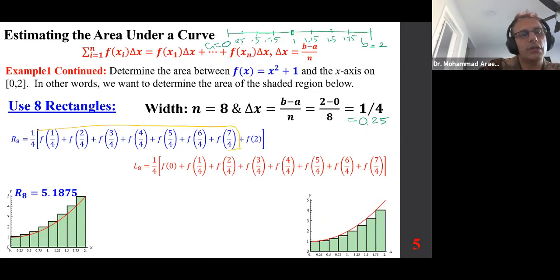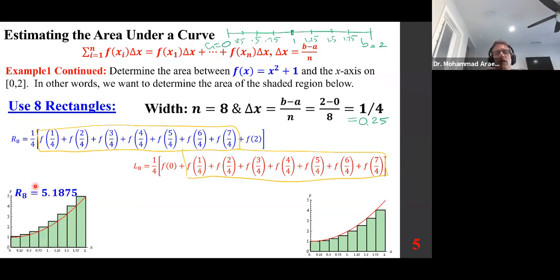This portion is the same as this portion, which means it's going to cut down on the number of calculations you need to do. It's really helpful. You calculate and you come up with the following answer.